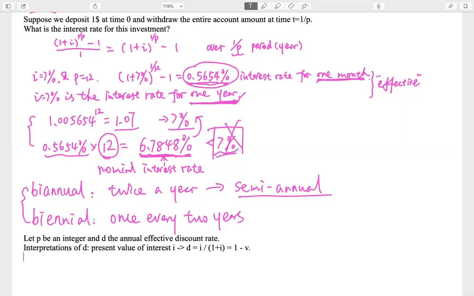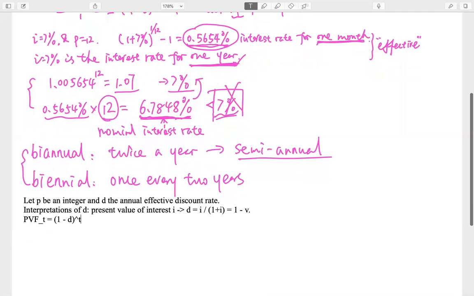Because from here what we know is the PV factor. So the PV factor at time t would be 1 minus d raised to the power t. This is how we calculate the PV at any time t for $1. It's basically how we discount, right?